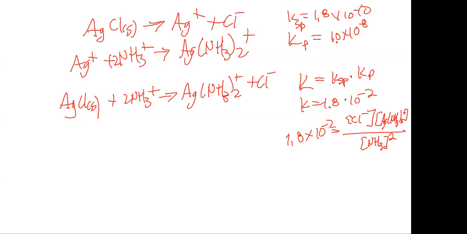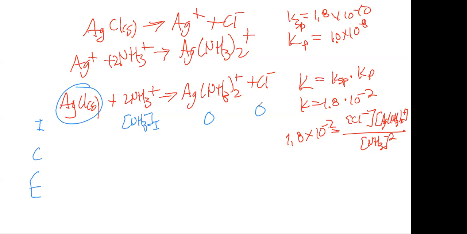So I'm going to go ahead and build out my ice table a little bit. I don't need to worry about this one because it's a solid. My NH3, I don't know what we need here. That's what we're looking for. I know that this one is going to be 0, and this is going to be 0 as well.